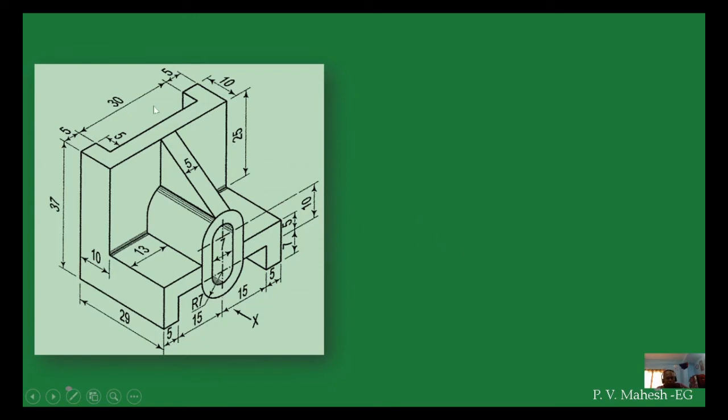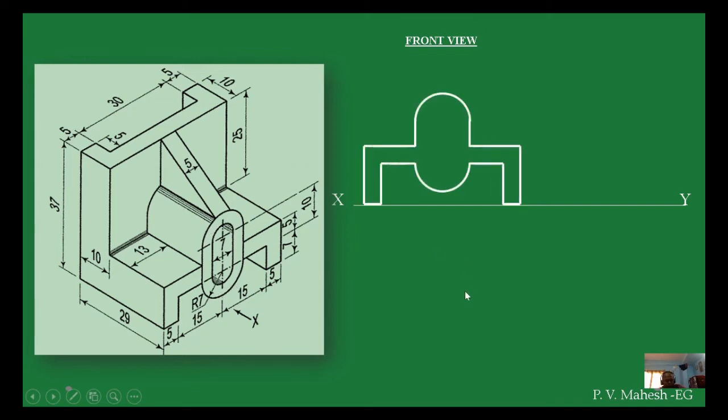Generally we will take the top view or front view to draw first. If I draw the front view, if I am seeing from the front, I will see this L shape and this L shape, and this hole will be visible. So that will be drawn first. Okay.